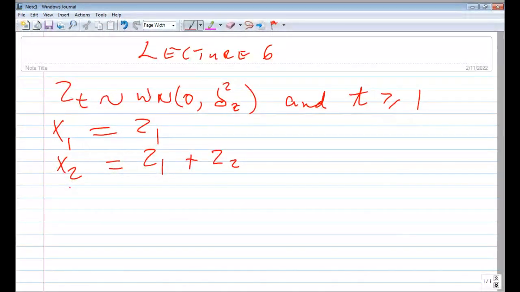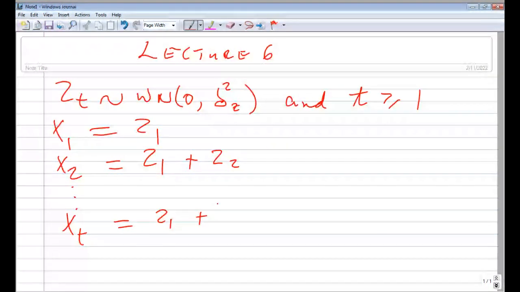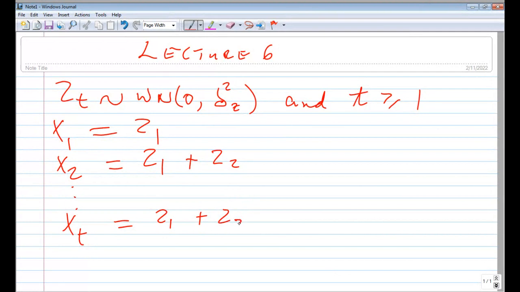So if you can just go like that, so our Xt will be equal to what? Z1 plus Z2 plus Z3 plus Z what? t.